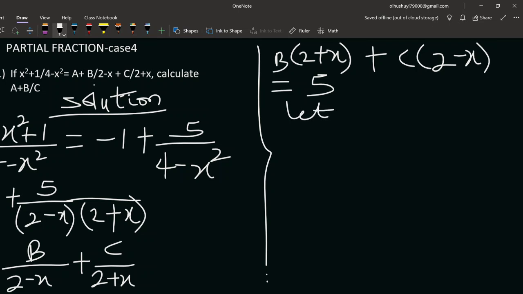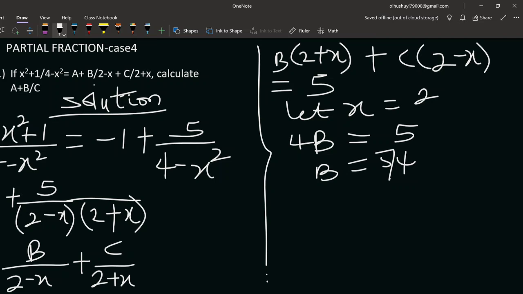So we want to say let x be equal to 2. So 4B will be equal to 5. Then B will be 5 over 4. So let now x be equal to minus 2.